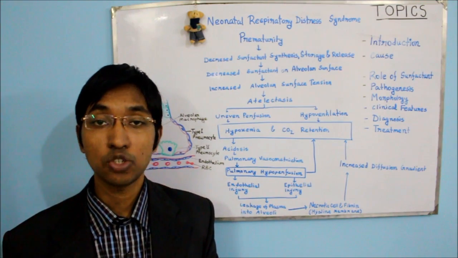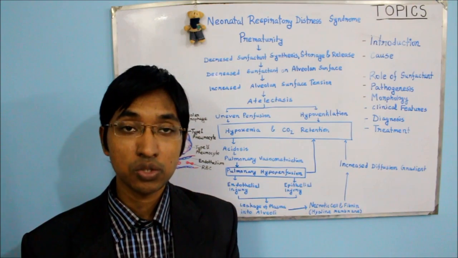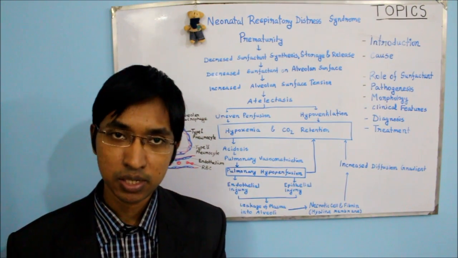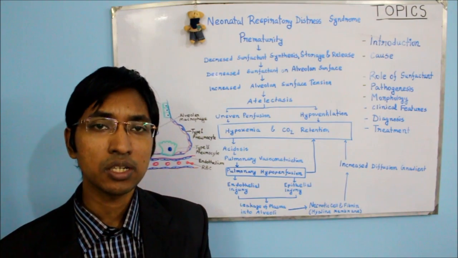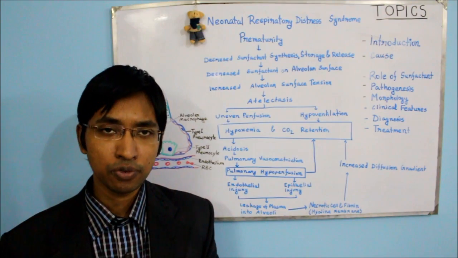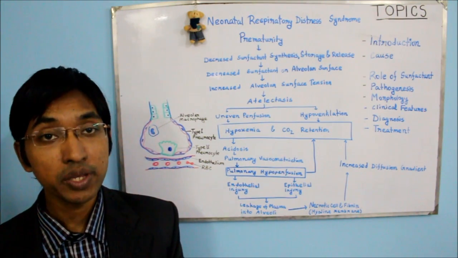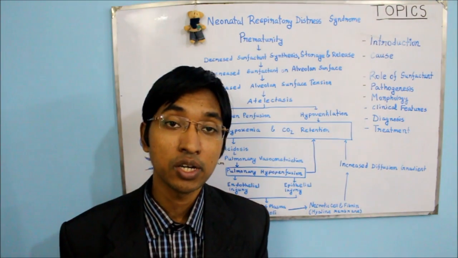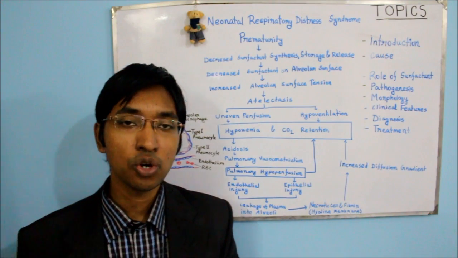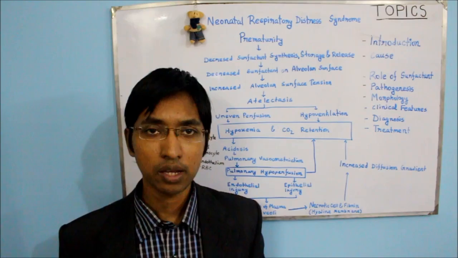One group is hydrophilic in nature, and there we will have surfactant associated proteins like SPA and SPD, and they have role in innate immunity. The other group of surfactant associated proteins are hydrophobic in nature, and there we will have SPB and SPC, and they will have role in reducing the surface tension of the alveoli.